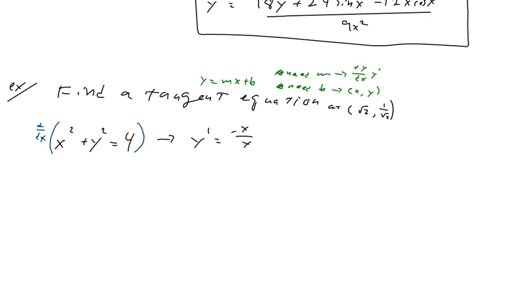No, root 2 comma root 2. There you go. Finding the tangent equation at that particular point, root 2 comma root 2. So we got the derivative, right? This derivative is our slope.